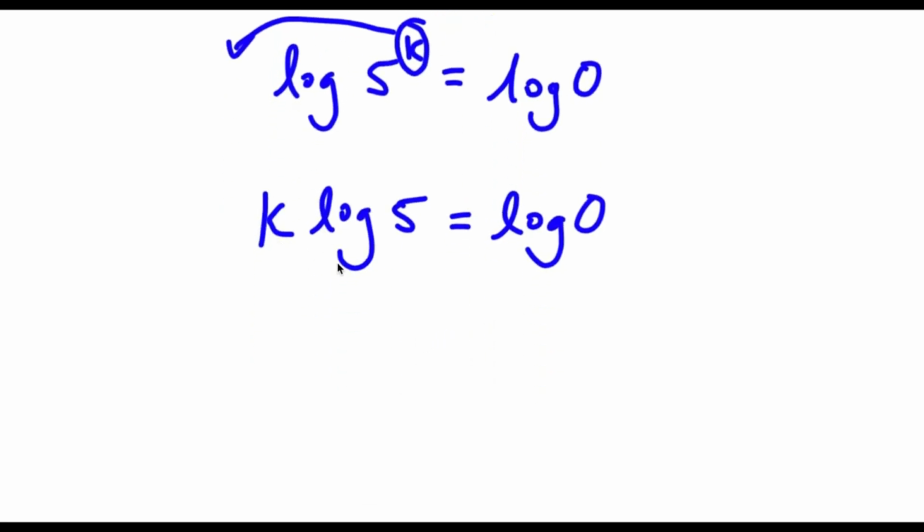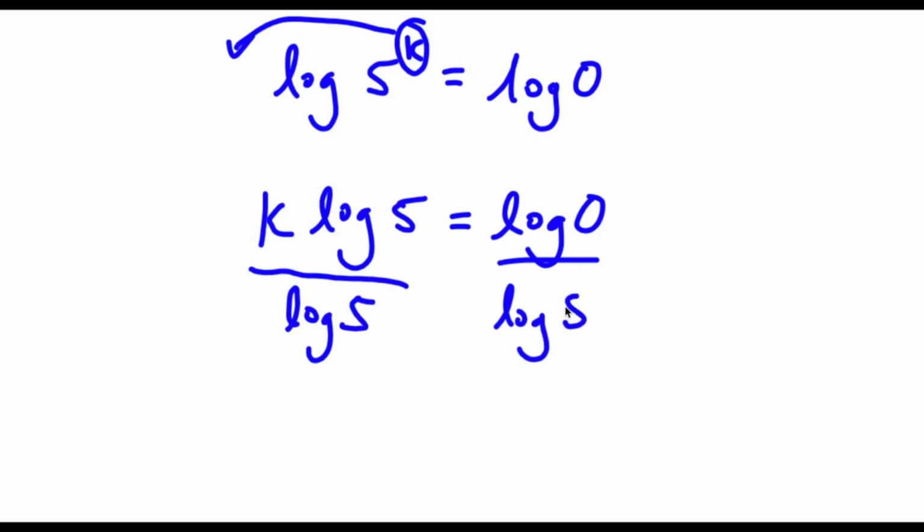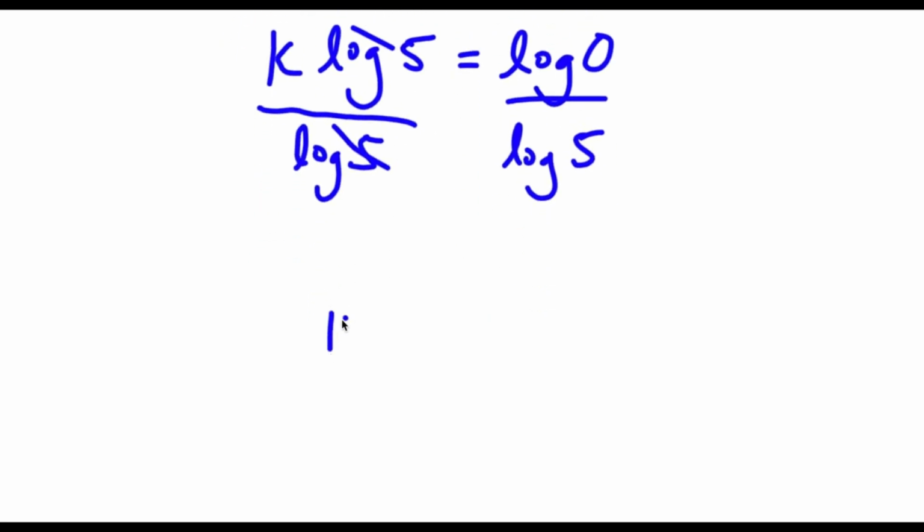Now, we're obviously solving for k, so I'm going to go ahead and divide both sides by log 5. So then these two will cancel out, and I'll be left with k is equal to log 0 over log 5.